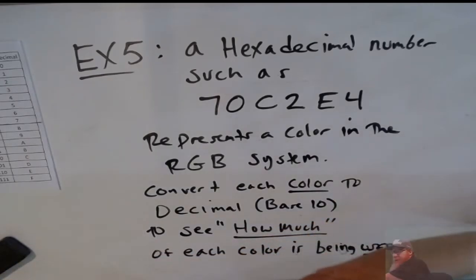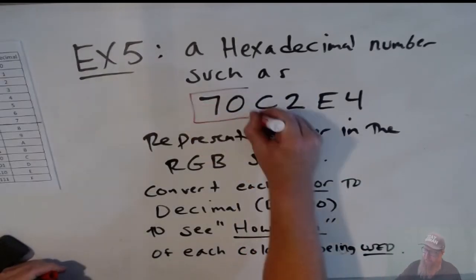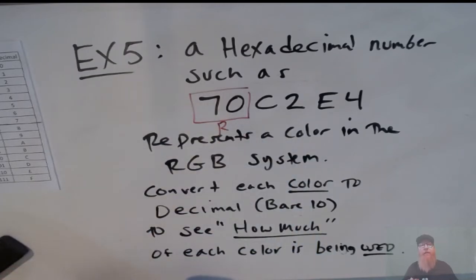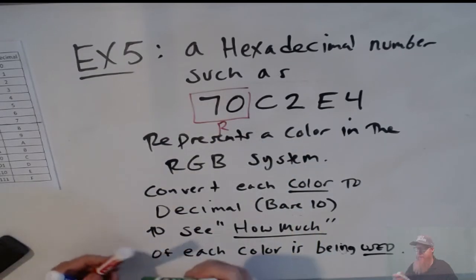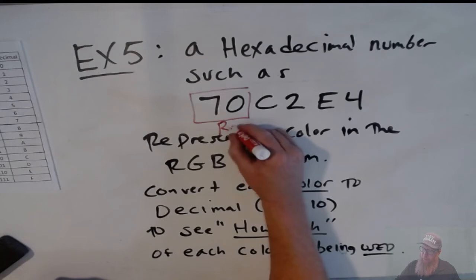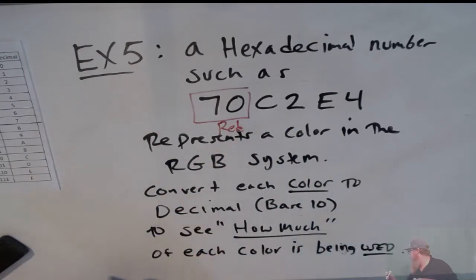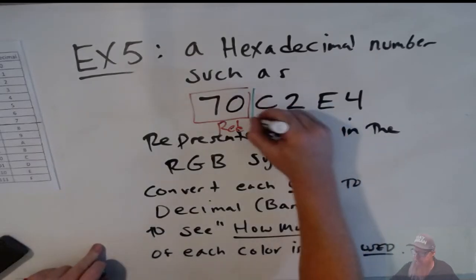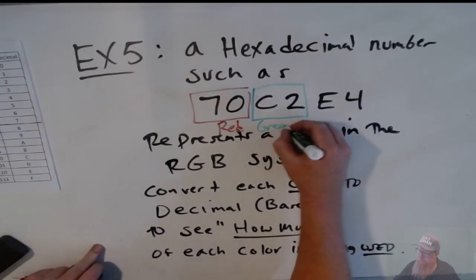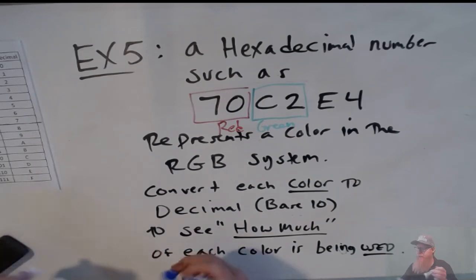So the first two digits represent red. That's your R, red. I should probably use the word red because the letters might be confusing. And then green is second. And then blue.